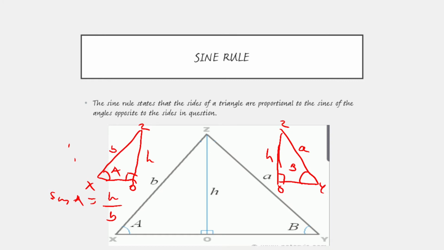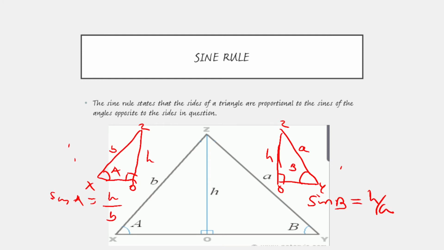Using the SOHCAHTOA rule here, for sine of this one we have sine B equals to H, which is opposite, all over hypotenuse, which is A.